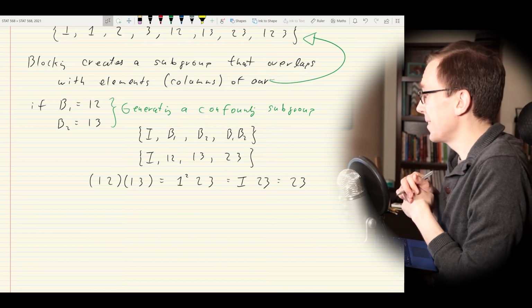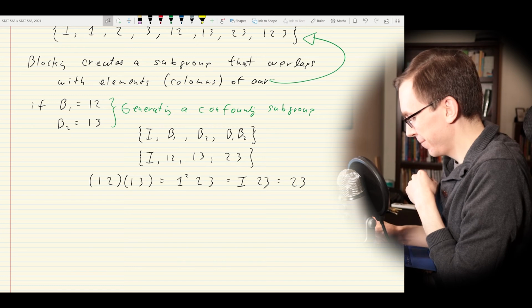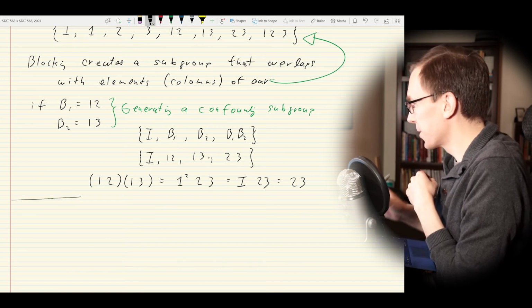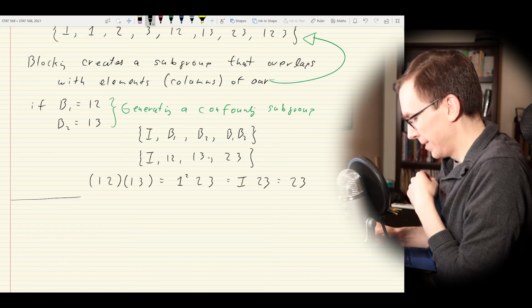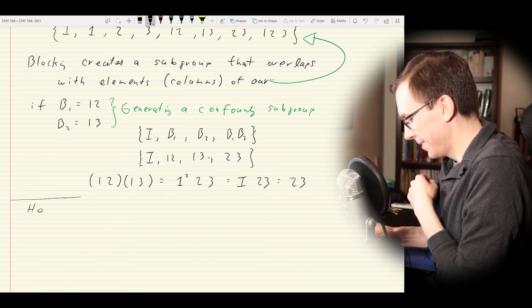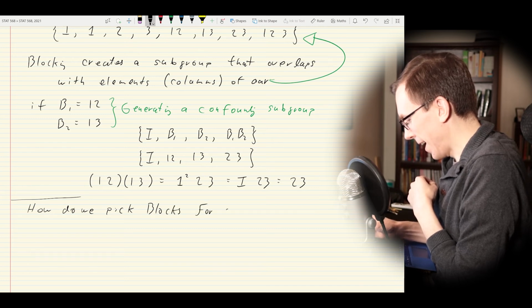What we also need to do is talk about the idea of aberration, or specifically, how do we pick blocks for our design?